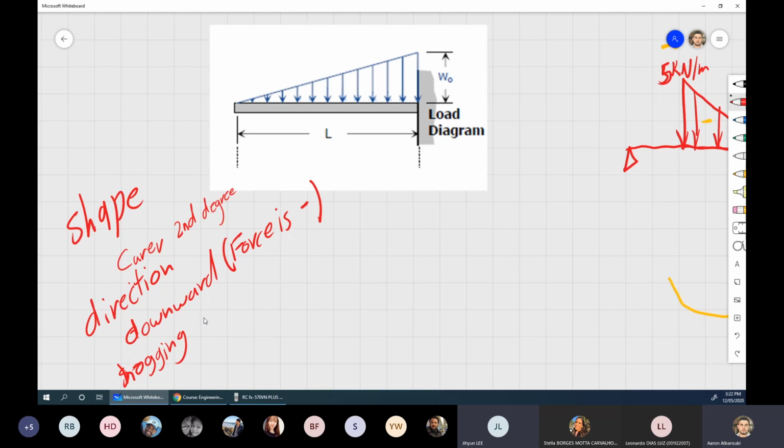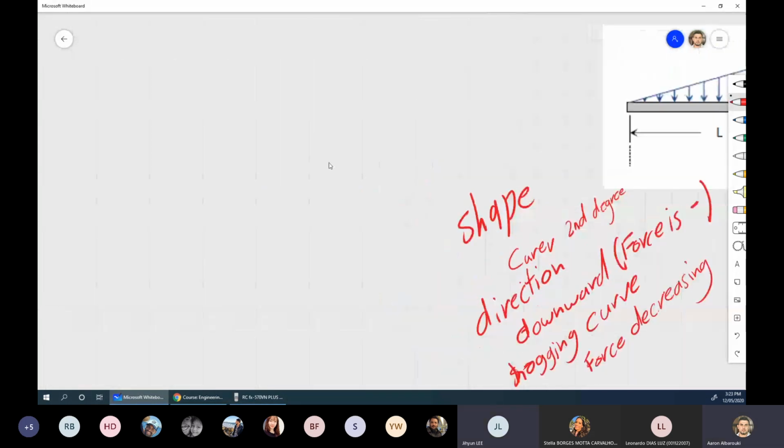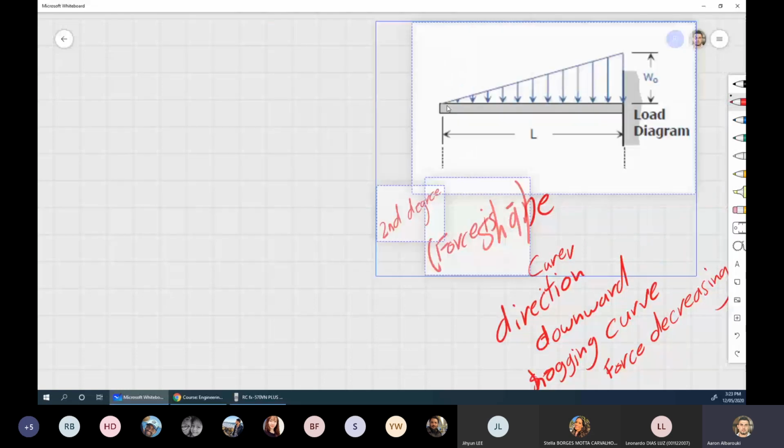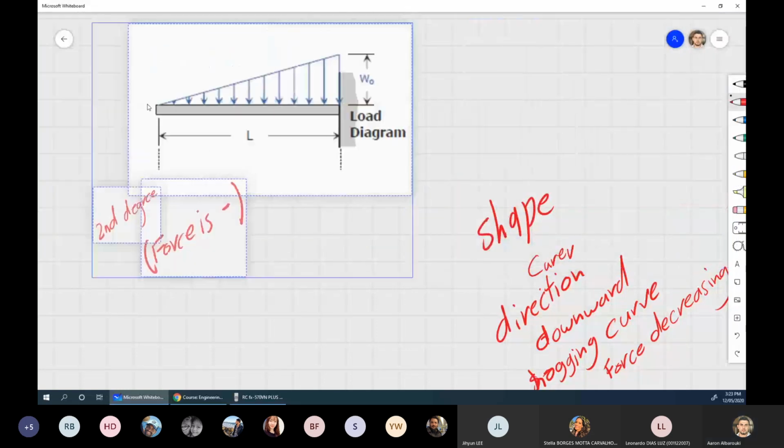Let's go hugging curve. And because the force started here from 0 and went to a negative value, that means decreasing. Decreasing force. Perfect. So that's what Gianna agreed on doing.